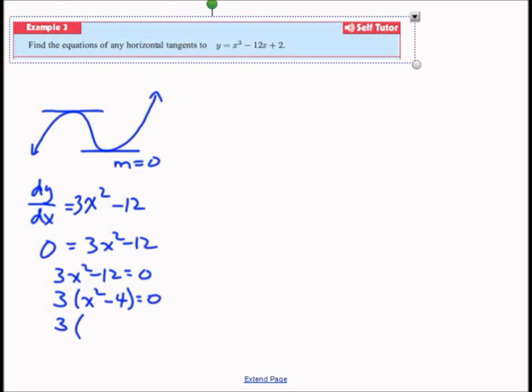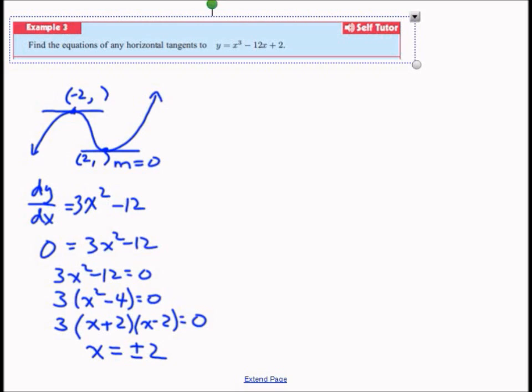That is a difference of squares, plus 2 minus 2 when we're factoring. So x equals plus or minus 2. We know that at these two points, the x-coordinate is negative 2 and positive 2.